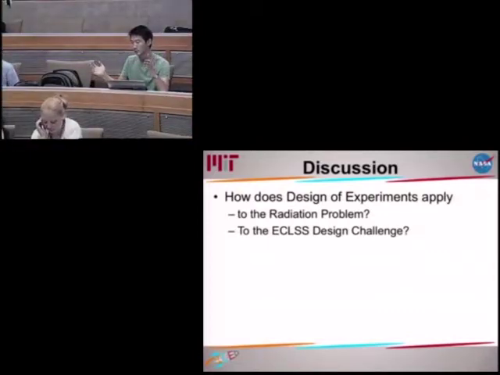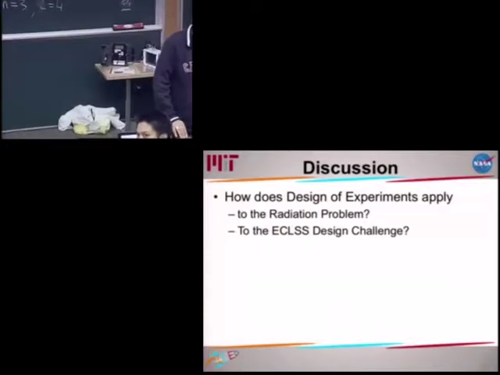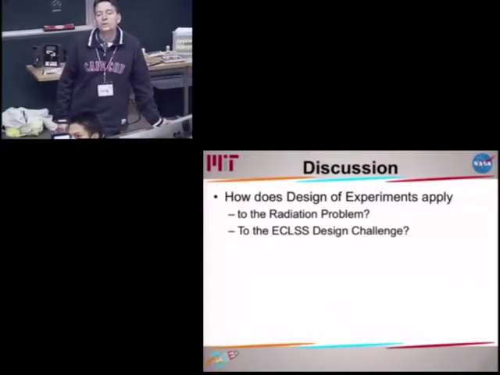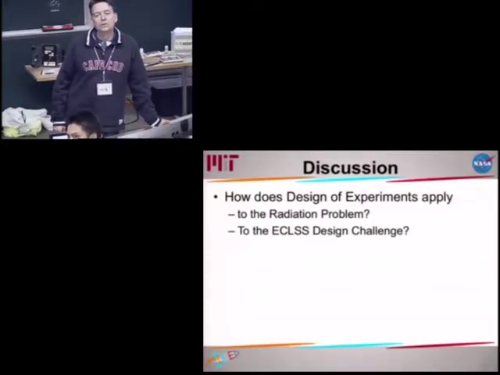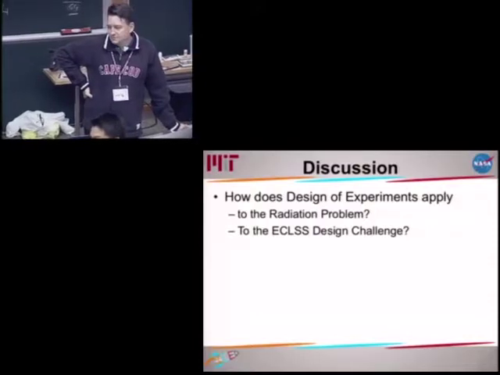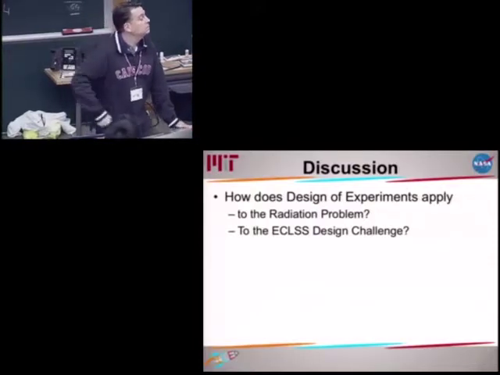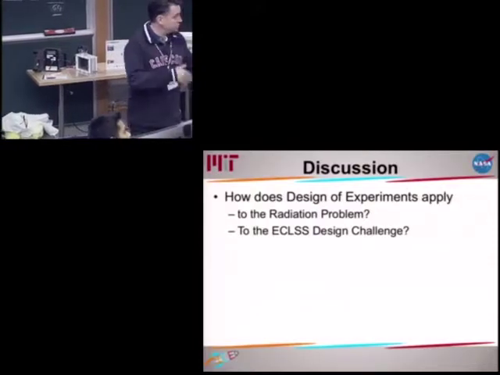It's generally very expensive, so you can't really do that many experiments, so you have to find the most variables you can at one time. Okay, so let's pick radiation. If you had a concept, what concept have you discussed in your teams? Materials? Shielding?